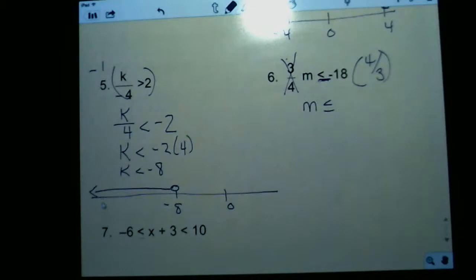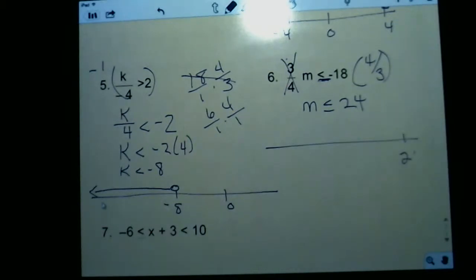Let me just show you real quick: 18 over 1 times 4 over 3 simplifies to 6 over 1 times 4 over 1, and that is 24. So just real quick, graphing it, 24, 0, negative 24. This time we have a less than or equal to bar, so 24 is part of my solution set, so I need a solid dot.